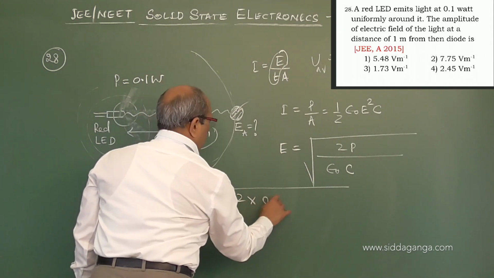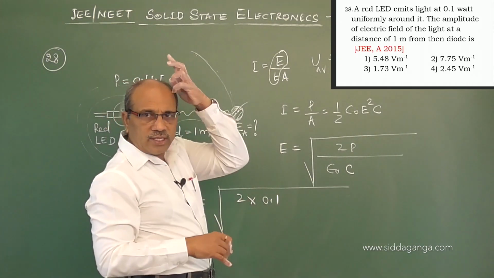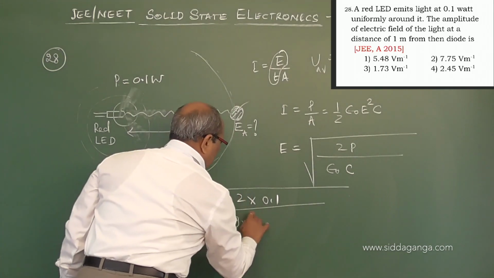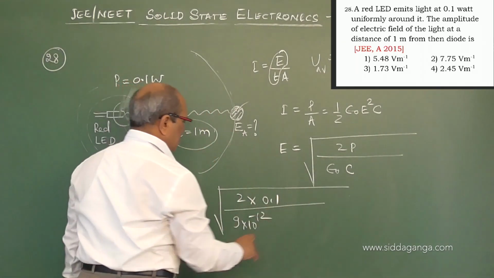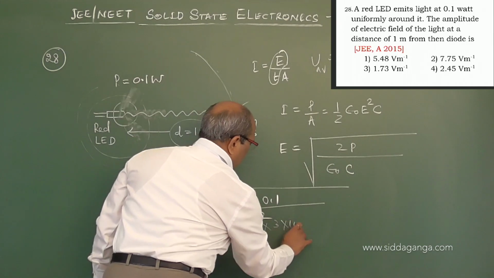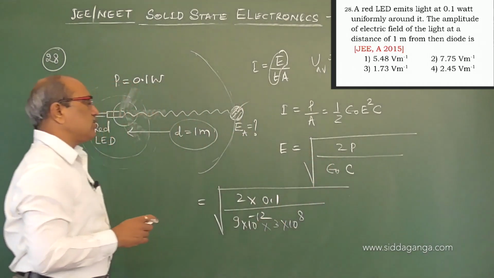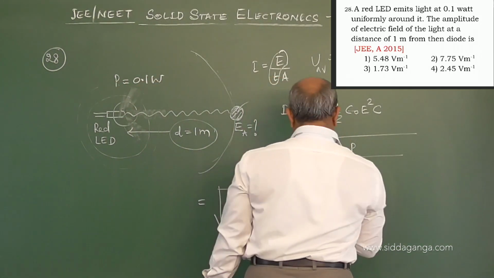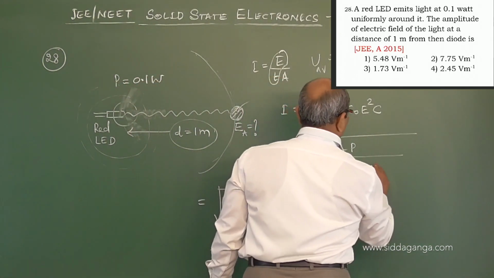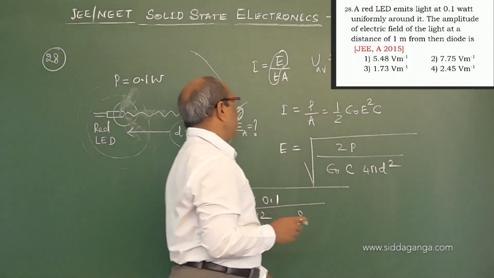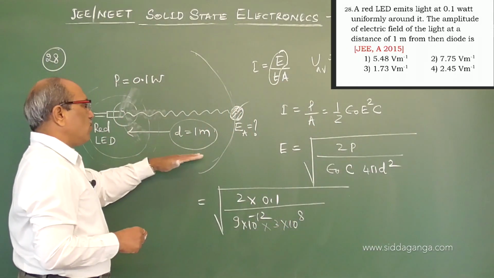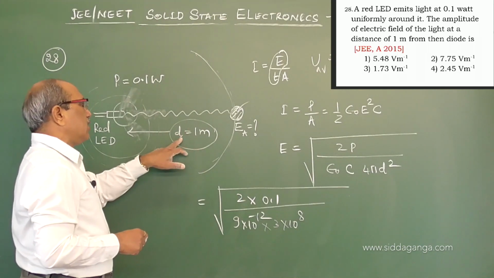2 into 0.1 watt, divided by epsilon naught, which I can take as 9 into 10 power minus 12 approximately, and C as 3 into 10 power 8, into area. Area can be written as 4 pi d square because of spherical symmetry; the surface area of the sphere is 4 pi r square, where r is the radius.